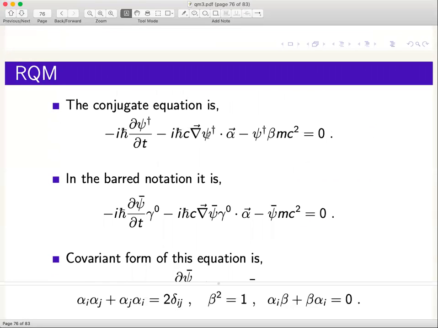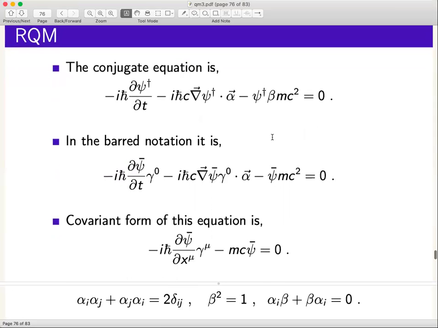The second beta factor in the spatial derivative with the alpha factor will give you gamma I, although I have written it in this particular fashion. And the second beta factor here will just get rid of the beta out here. Okay, fine. So now you can clearly see that this equation can again be written in covariant form, and you can write it down as a Dirac equation for the conjugated variable.